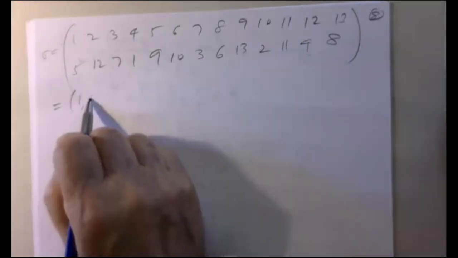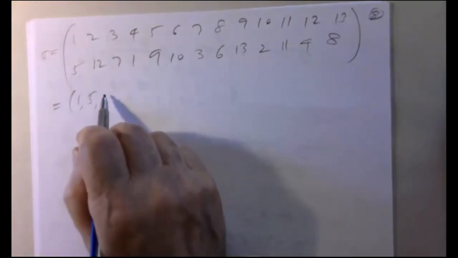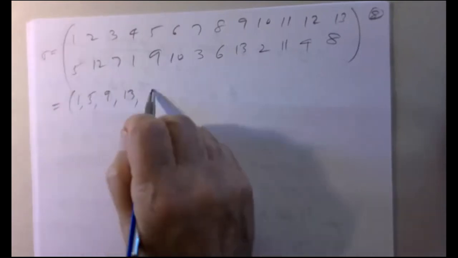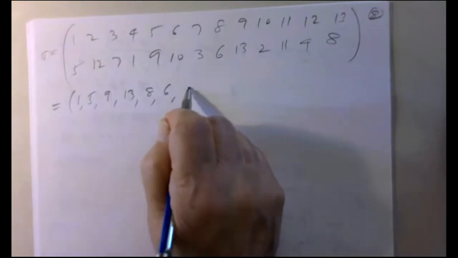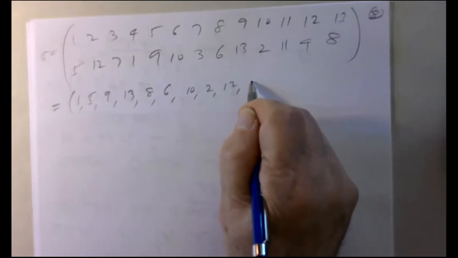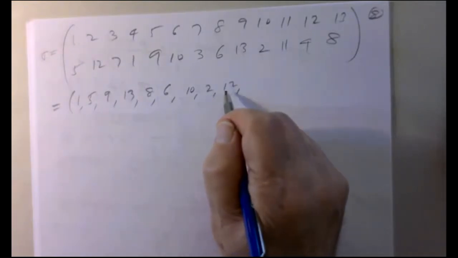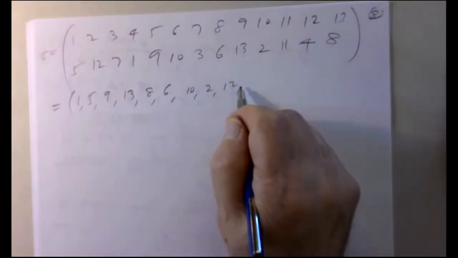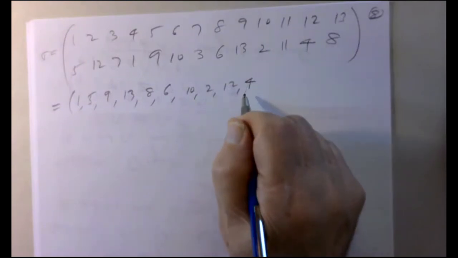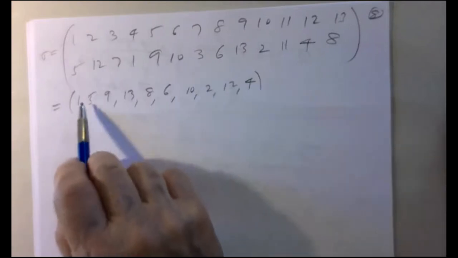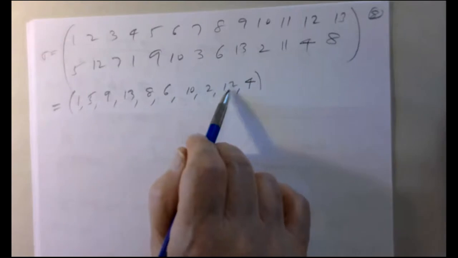Yeah, go ahead. 5, 9, 13, 8, 6, 10, 2, 12, 4, and then what's after 4? 1. That's it. Right, okay, so 1, 2, 3, 4, 5, 6, 7, 8, 9, 10. So this is a 10 cycle, okay.